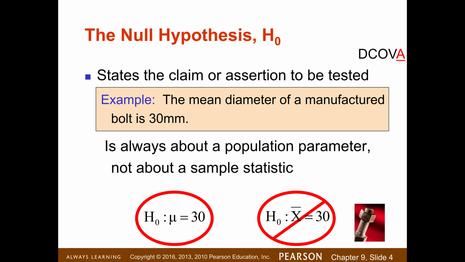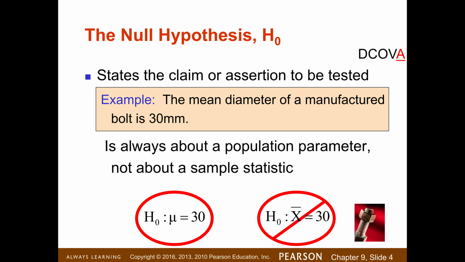But there's some suspicion about whether the machine is working correctly. So the claim or the assertion to be tested would be stated as a population parameter. So you're going to make a statement about all bolts manufactured by this particular machine.